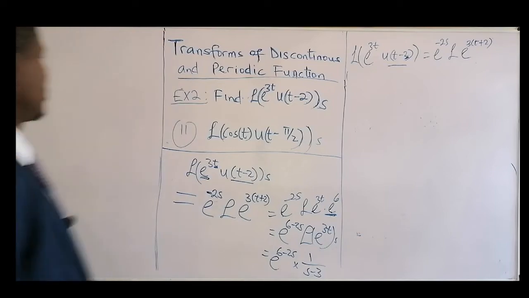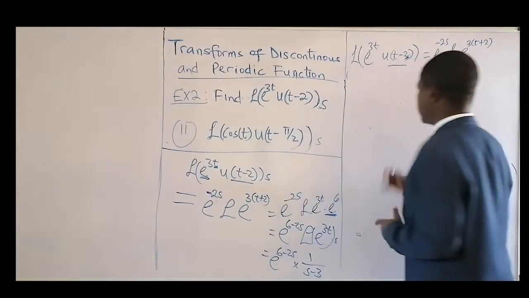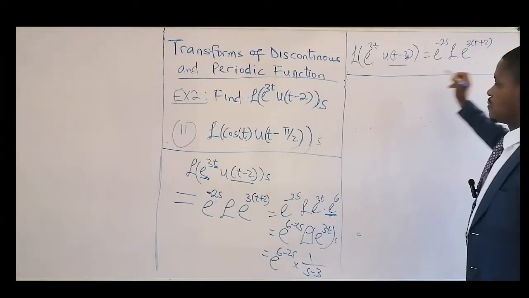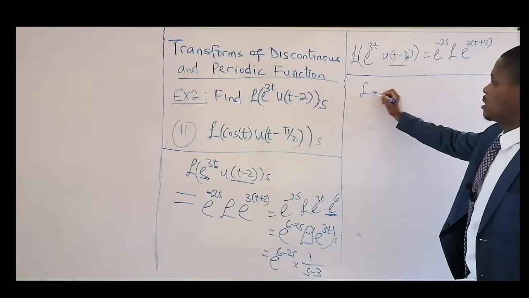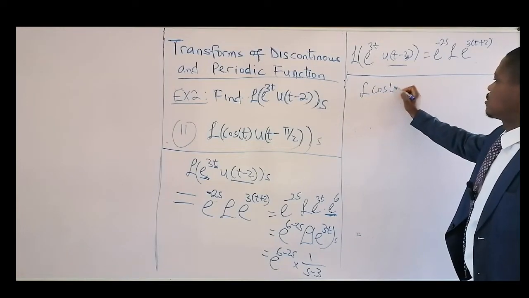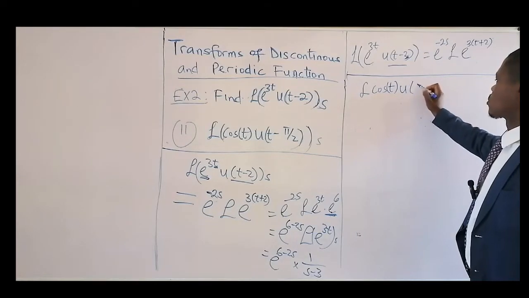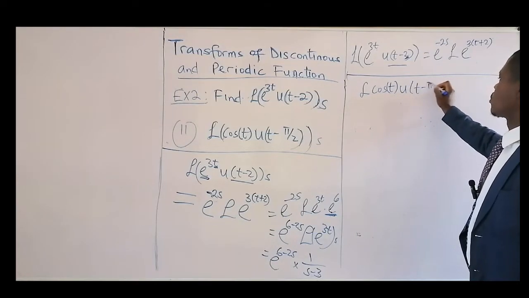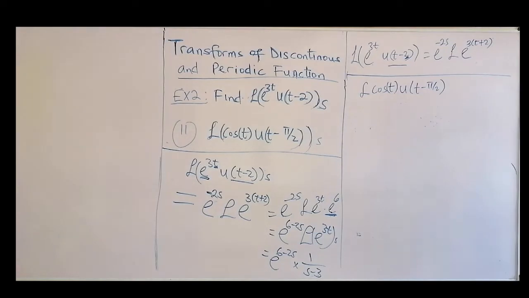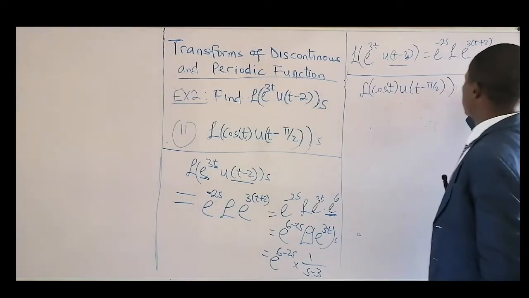Then the second one, the same thing also. We have the Laplace of cos t times the unit step function shifted by pi over 2. In this case, what we are going to do is very simple.